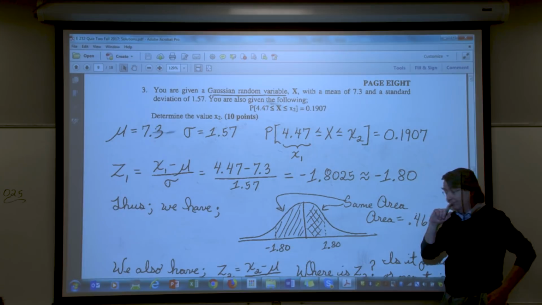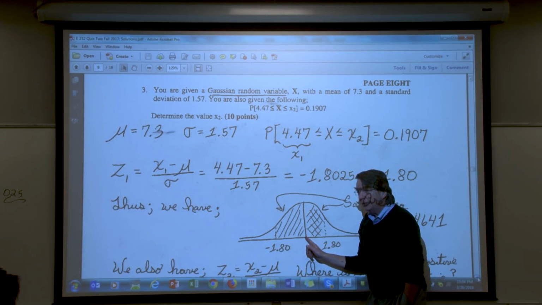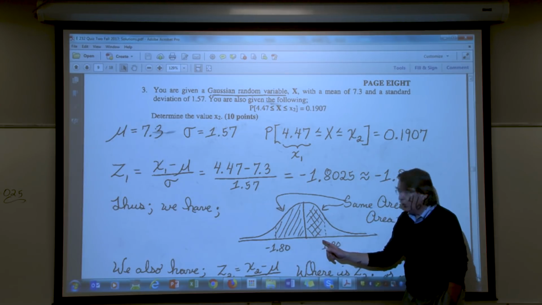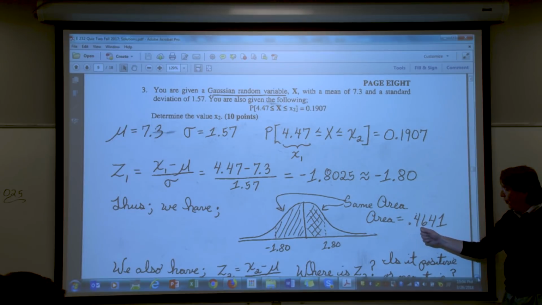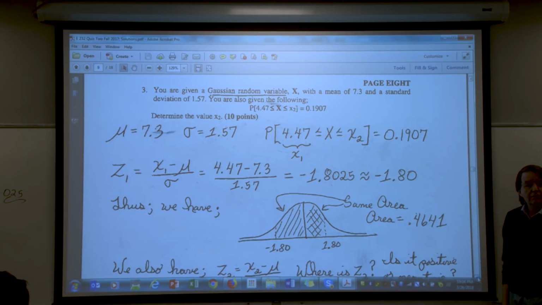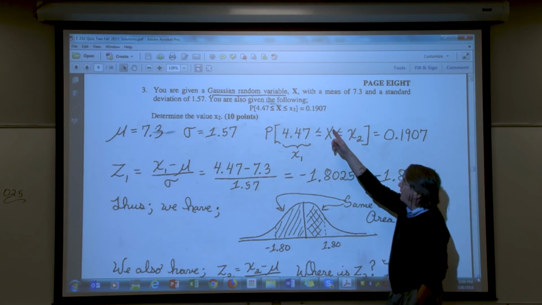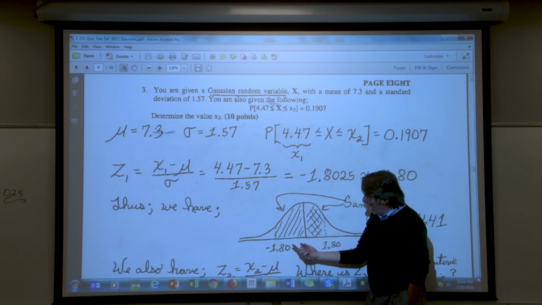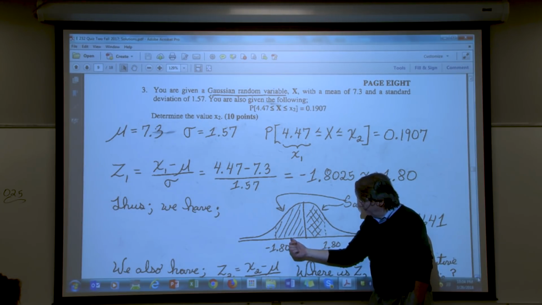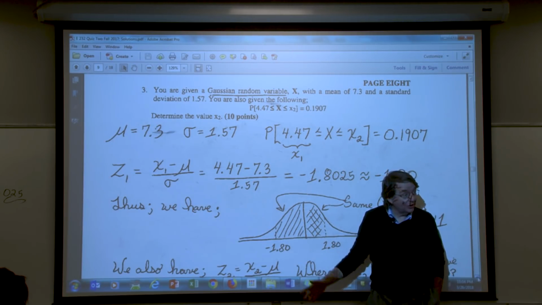So, Matt, the area from minus 1.8 to 0 is the same as the area from 0 to 1.8. So I look this up, and I get 0.4641. That's bigger than 0.1907. That means x2, the unknown, is less than 0.